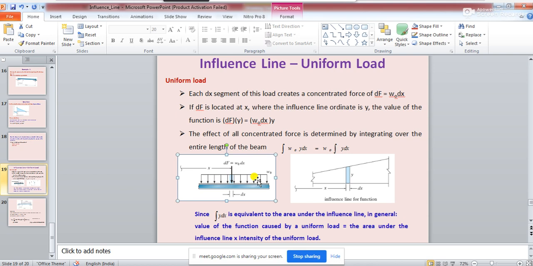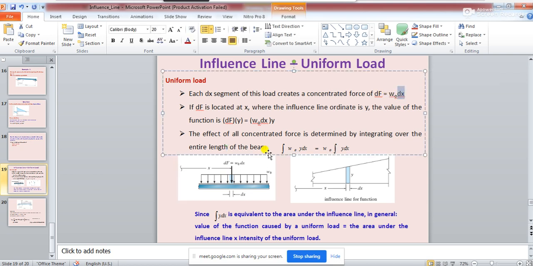Exactly the same way it is being done here also. This uniformly distributed load, you convert it to a point load for a very small length, that is for an infinitesimal distance dx.